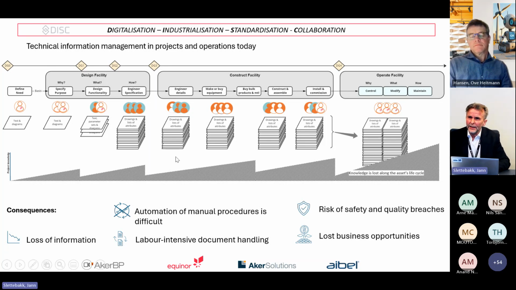Yes, this is the background. We want to get away from paper-based information handover and information flow, where, as it is today, the main transport mechanism for information and data is by PDF document.